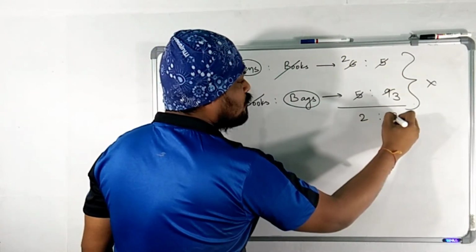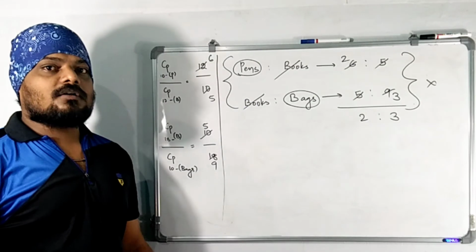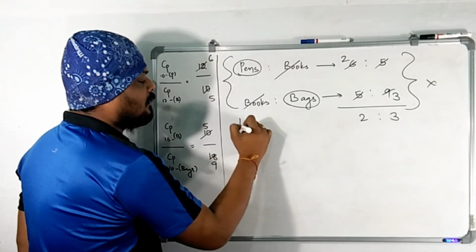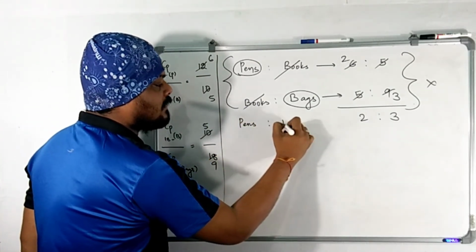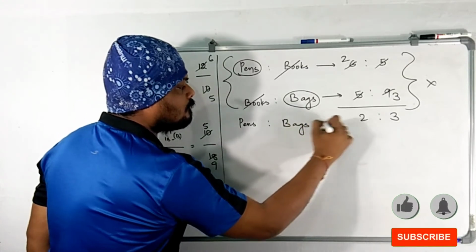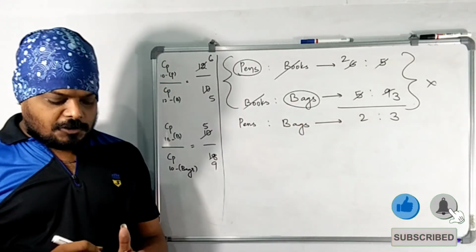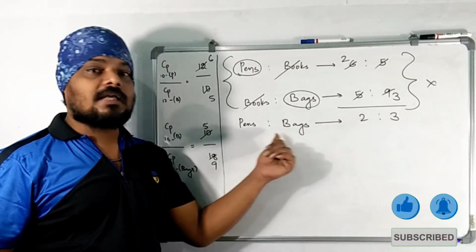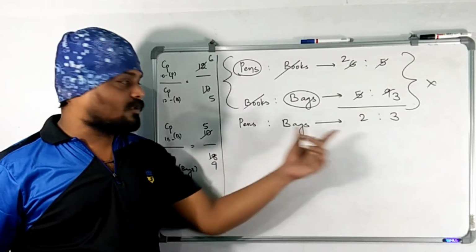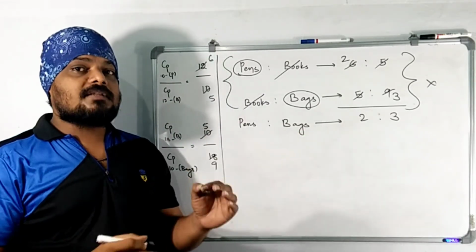So 2:3 is the exact cost price ratio of pens to bags.